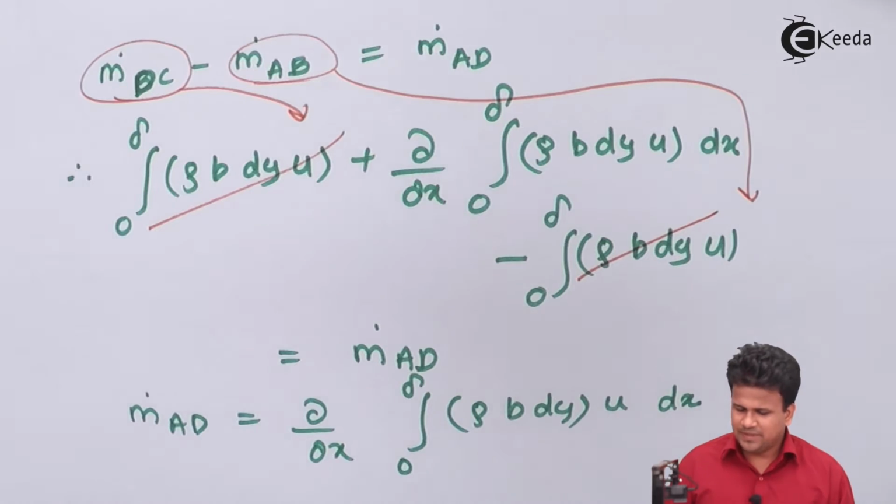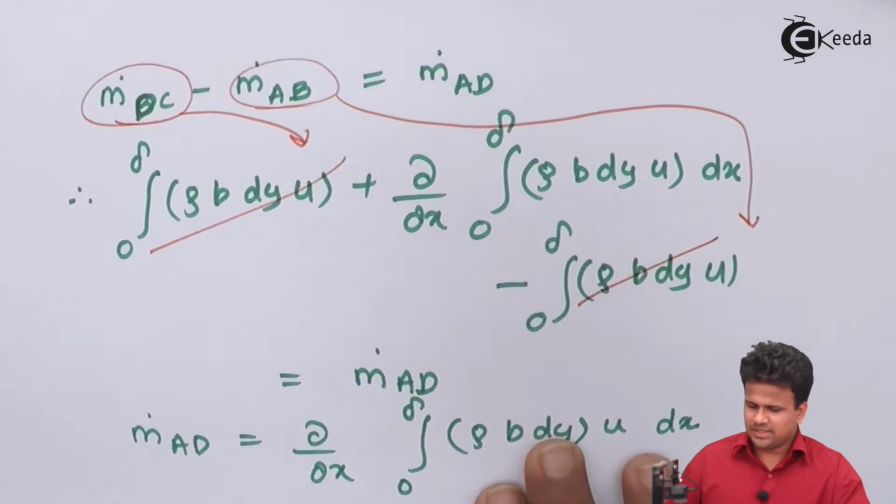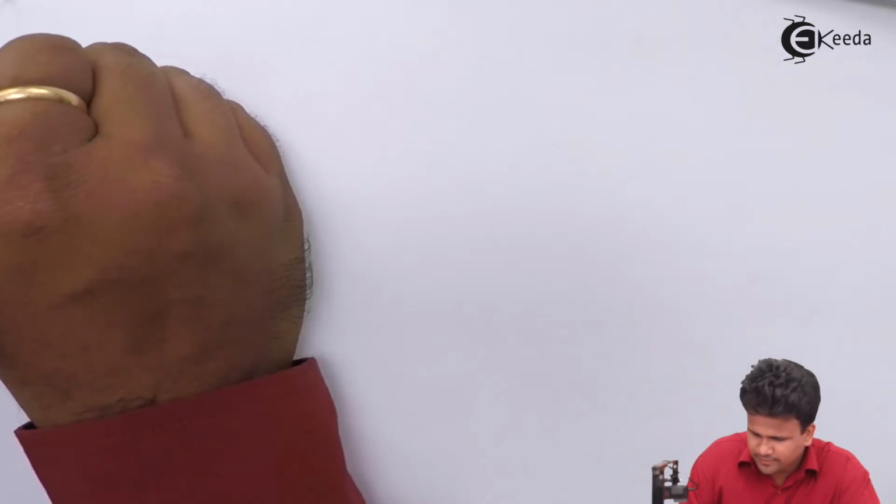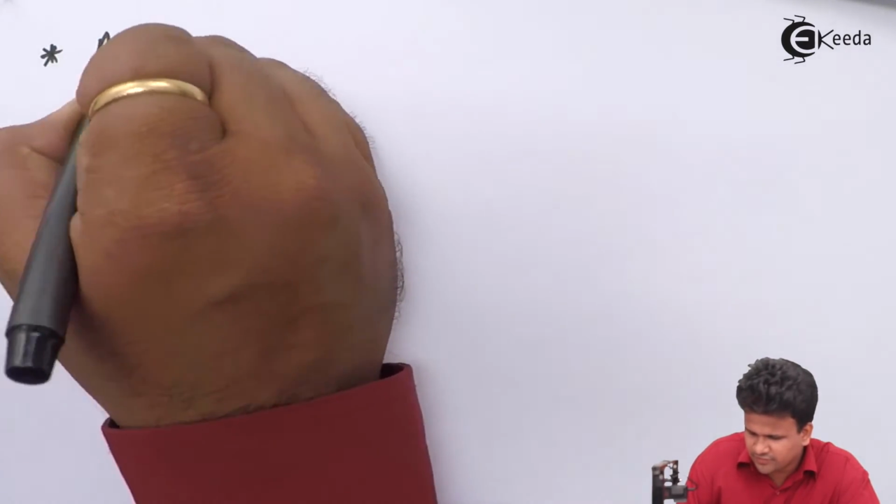So let us multiply all these mass flow rates by the individual velocities at that position. Then only will we get the momentum coming inside and the momentum which is leaving. So now let us apply this, applying the law of conservation of momentum.